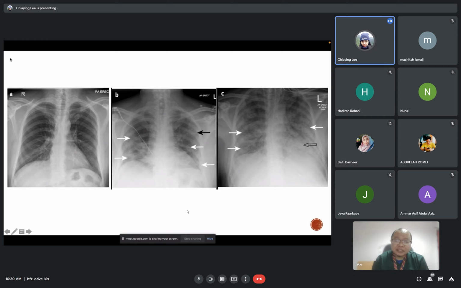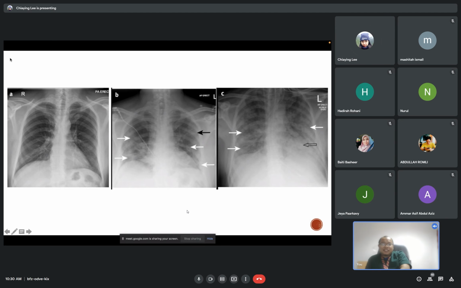And the white arrows are ground glass opacities. And then the most right one, the white arrow points towards the extension of the ground glass appearance. And then the outline arrow shows a dense consolidation behind the heart. Okay, good.